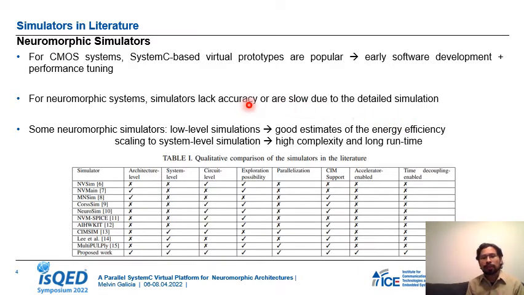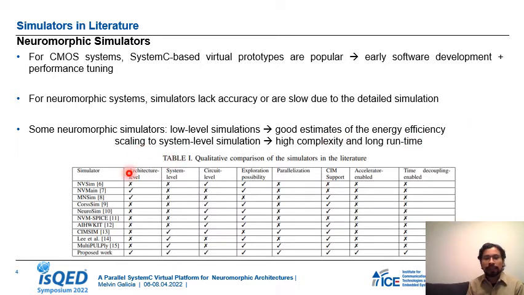Some neuromorphic simulators are low level, so they help you get good estimations of power and performance, but when you try to scale them up to build a full system where you can really execute artificial neural networks, the complexity becomes really high and the runtime becomes prohibitive, right?